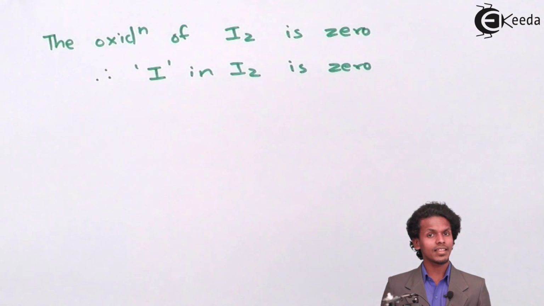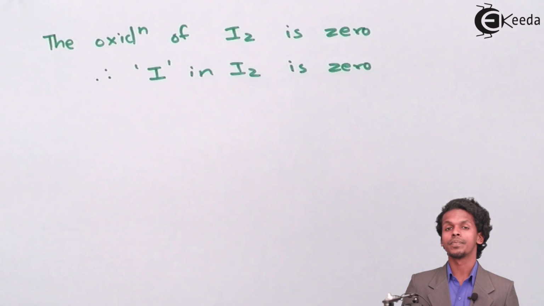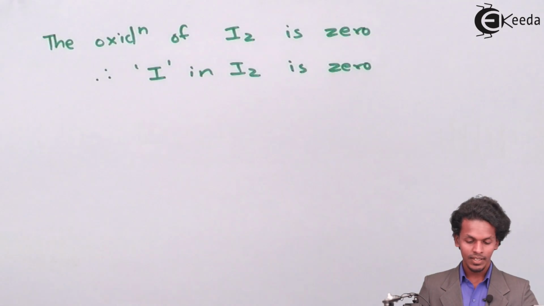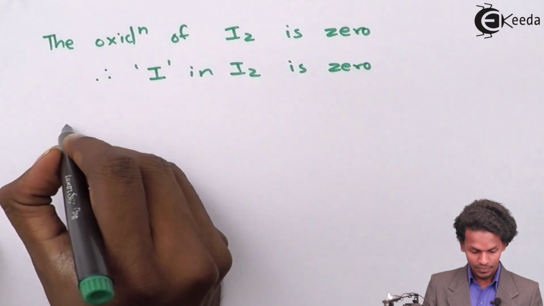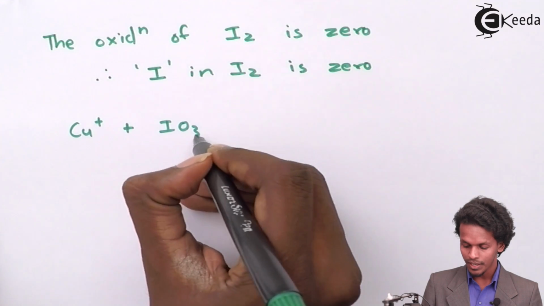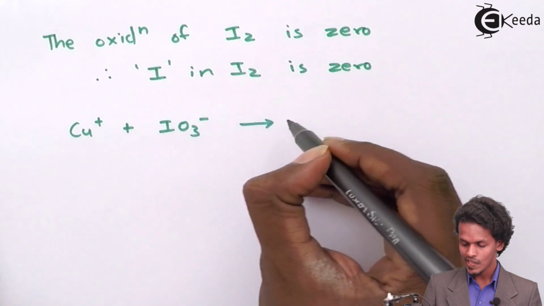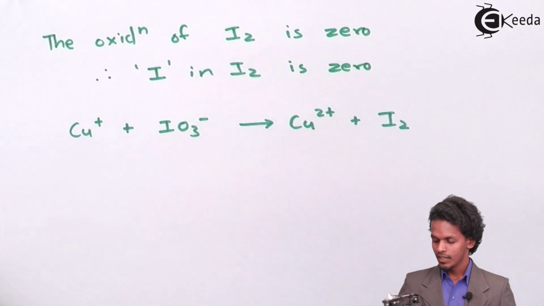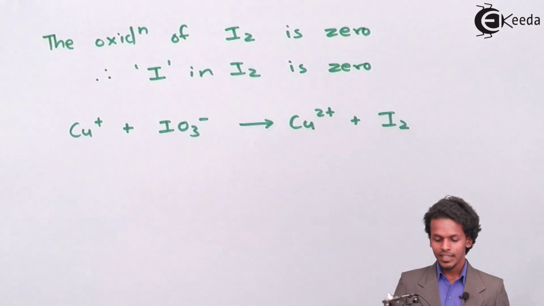Let us write the equation in the form of the oxidation number. The equation was given as Cu+ plus IO3-, giving us Cu2+ and I2.